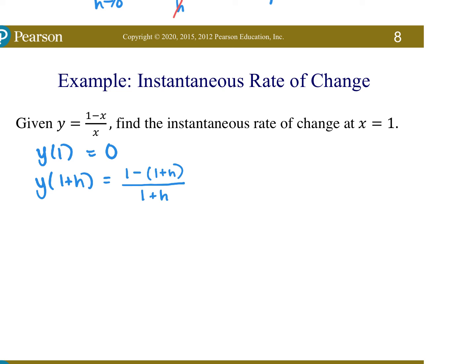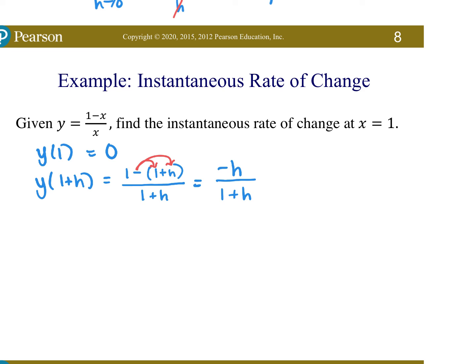What will that simplify to be? The denominator is 1 plus h. I want you to think about your numerator, though. It's negative h over 1 plus h, because that negative in parentheses has to affect both of those.